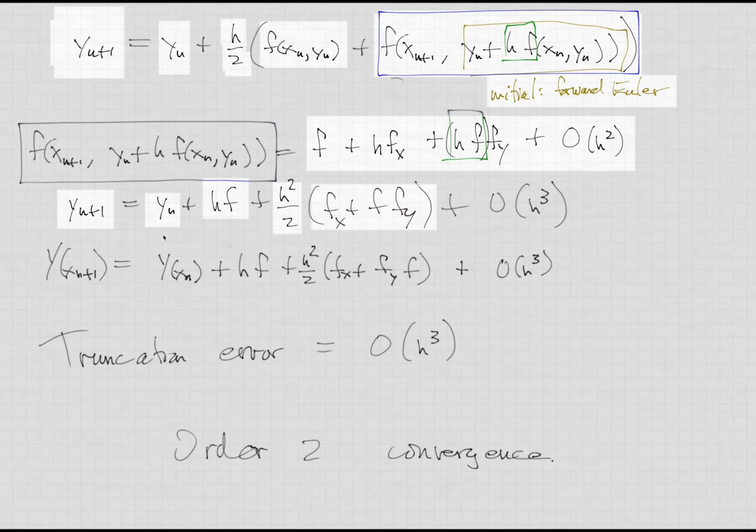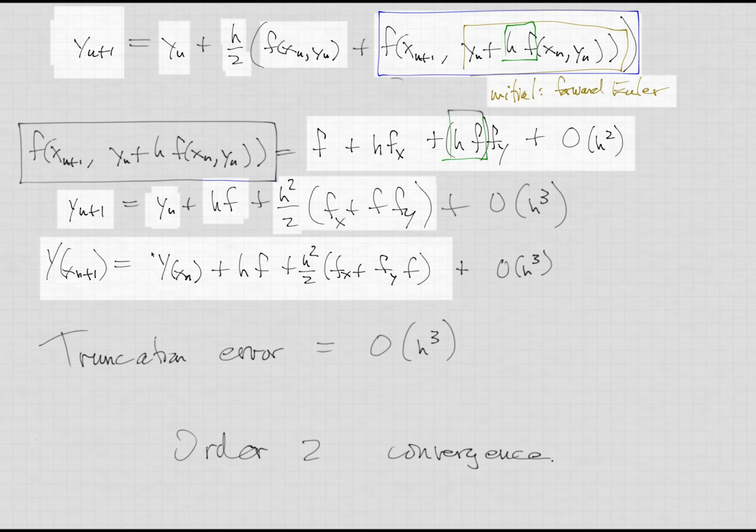So what we've got here is essentially the first term, the constant term, the linear term, and the quadratic term from the Taylor expansion for the solution y that we wrote out a few pages ago.